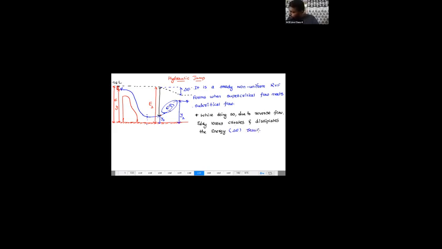And this results in the depth of flow after the hydraulic jump falling below, means falling short of, the alternate depth of the pre-jump depth.